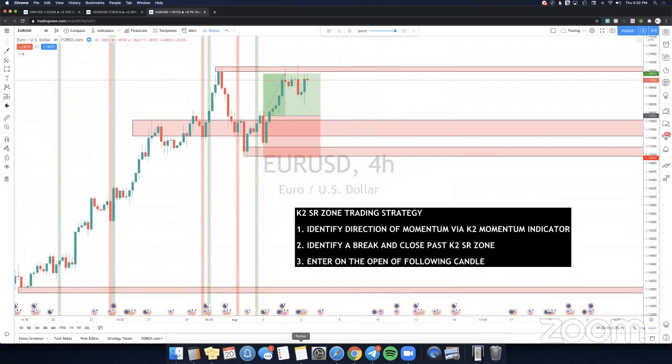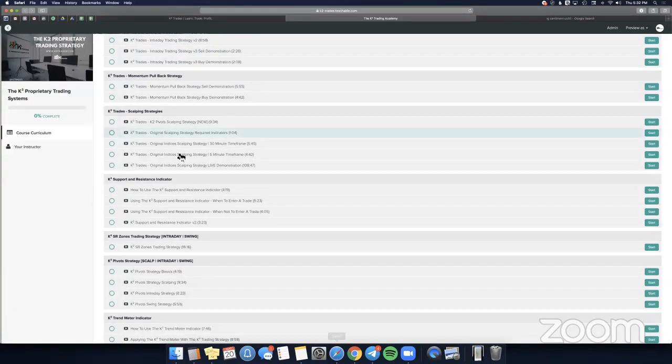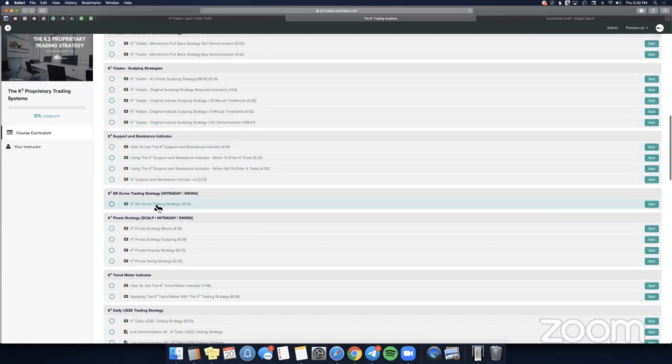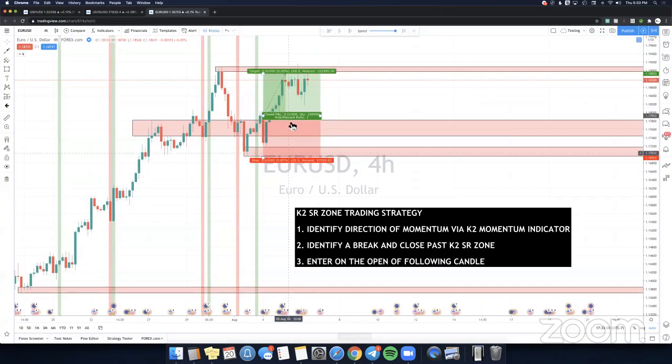So as you can see here, we applied every single strategy. We applied the intraday strategy, we hit like 4 TPs there. We hit the momentum strategy, we hit 2 TPs there. We hit the scalping strategy, we hit TP there. We hit the zone trading strategy, it hit TP there. It doesn't matter which strategy you want to learn or which strategy you want to focus on. Regardless of the strategy, as long as you do it properly, you'll win.